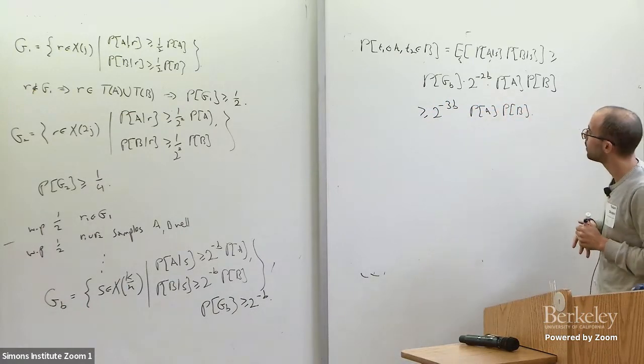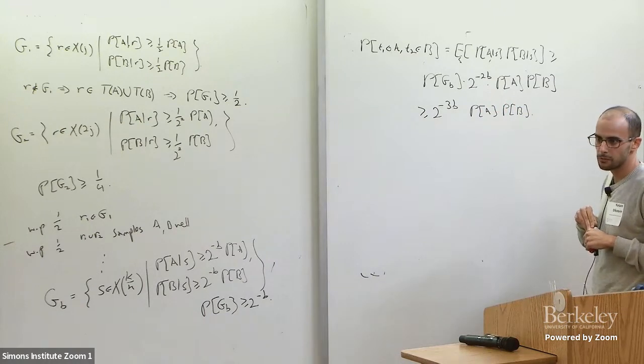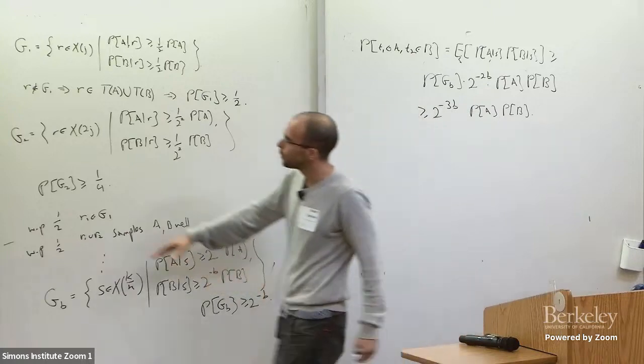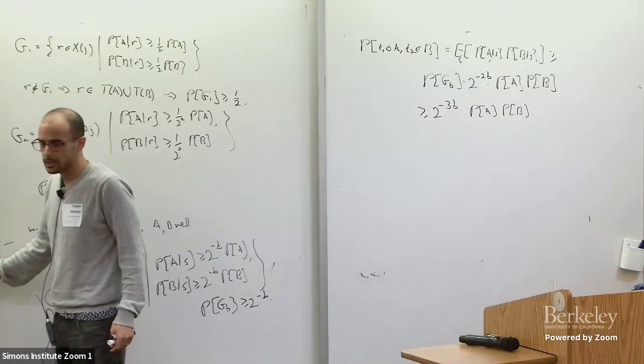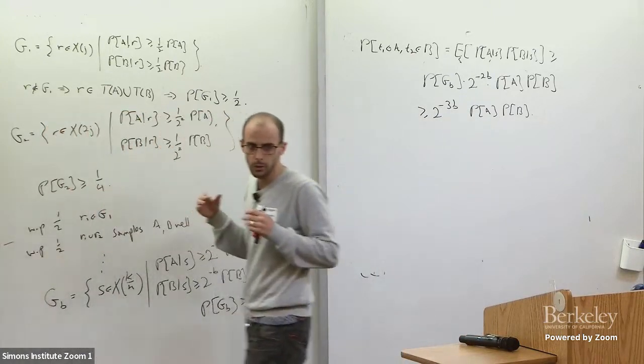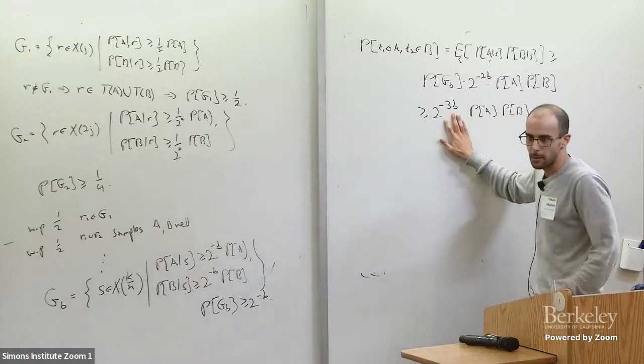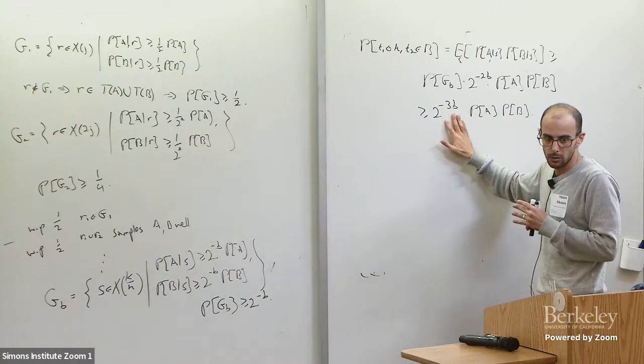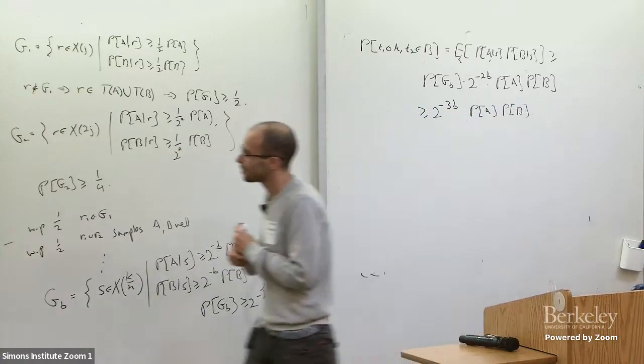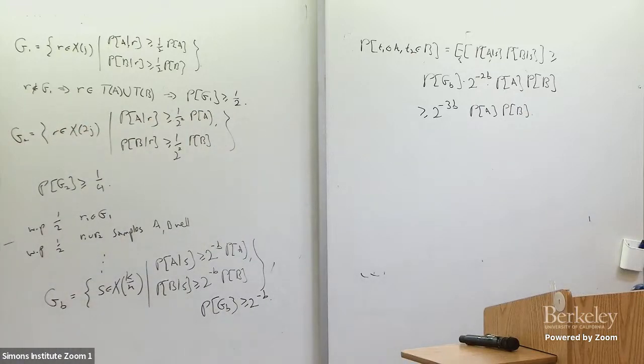So, this may be a bit technical, but all we really need to understand here is that if you analyze using this technique, the error that you incur is really exponential in the number of batches that we take.